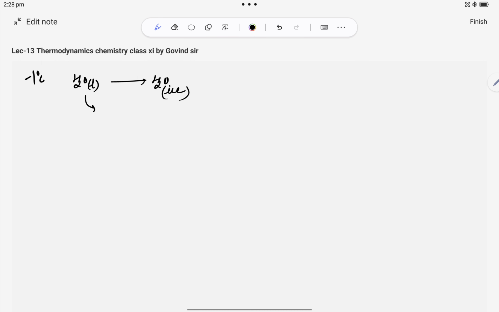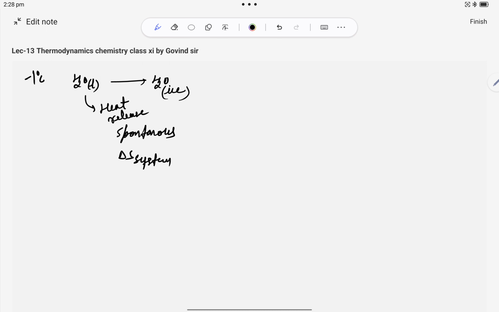In that case, liquid releases heat. Here heat is released, then the process is spontaneous.